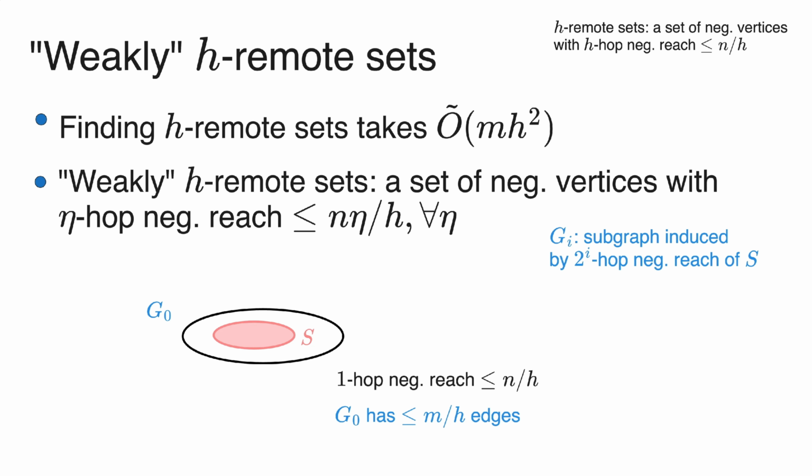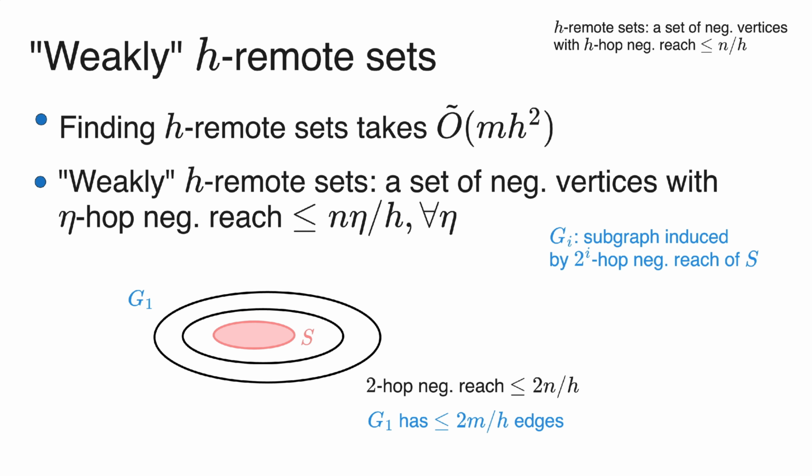In other words, G0 has at most n over h vertices. Because of the degree constraint, we know G0 has at most m over h edges. And for G1, we know it has at most 2n over h vertices and 2m over h edges. The similar property holds for any i.